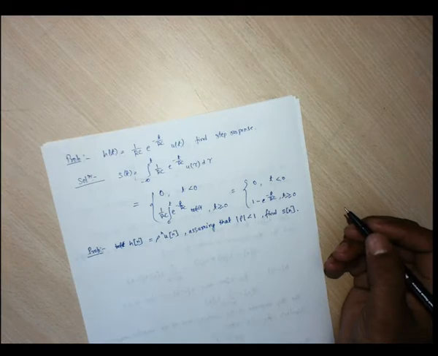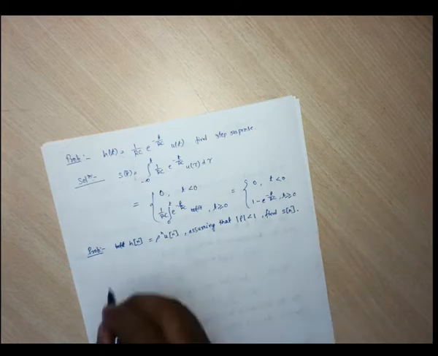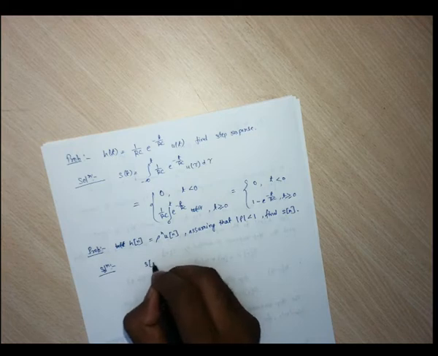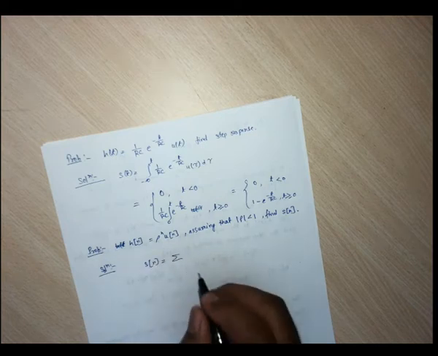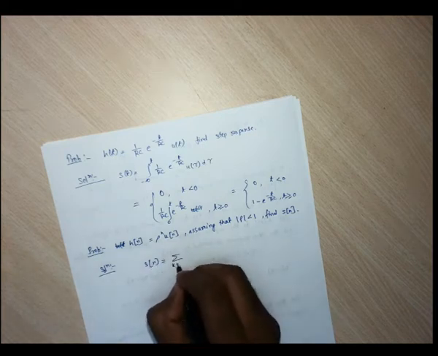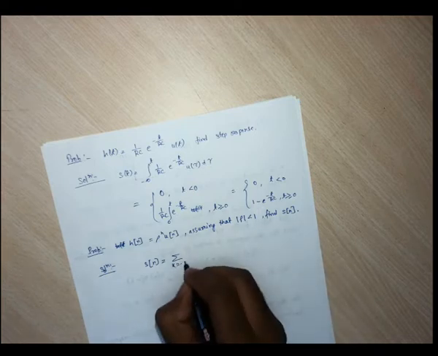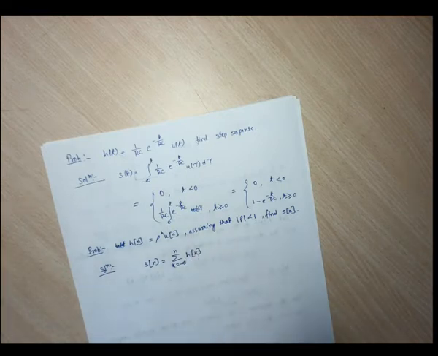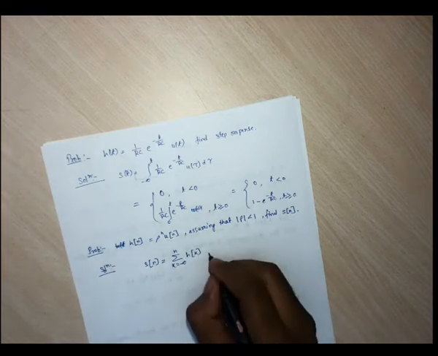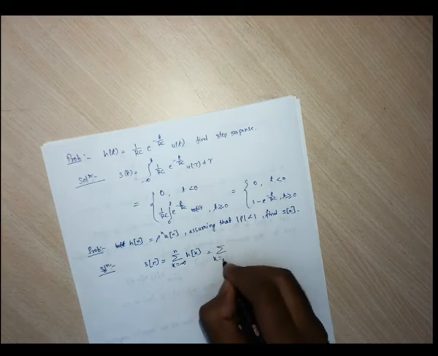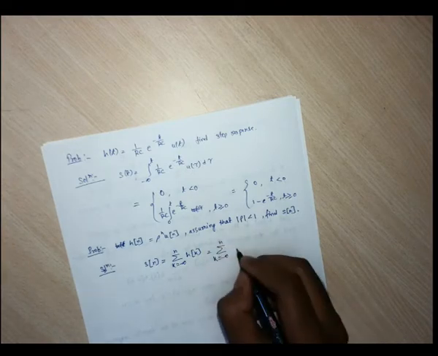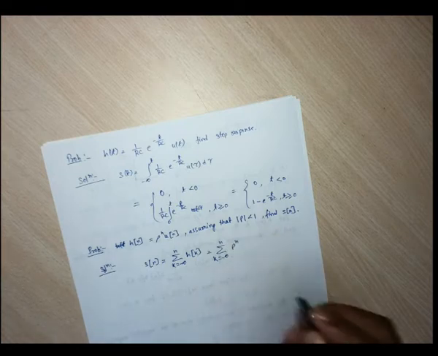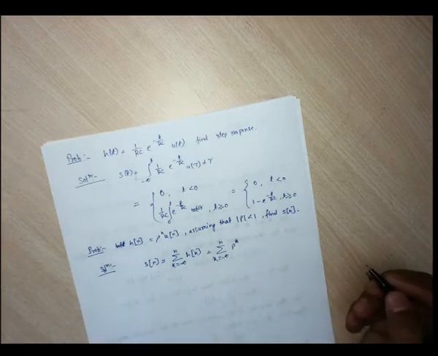So what we need to do? We need to take the summation of this, right? So s of n will be the summation from k equals minus infinity to n of h of k, as it is the unit step. That is, k equals minus infinity to n, rho to the power k, right?